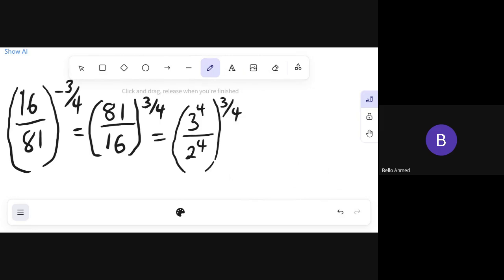Now, before I write the next thing, I'm going to show you something. Remember this law of indices.